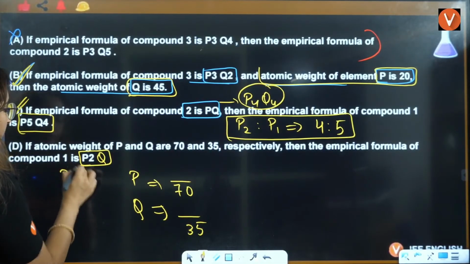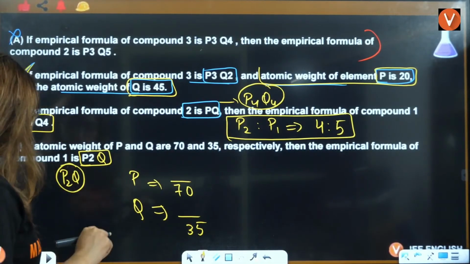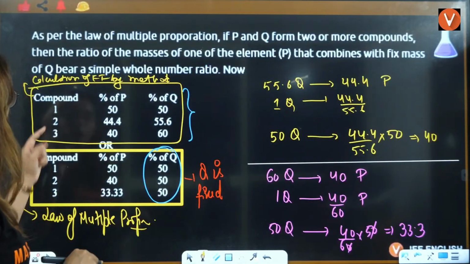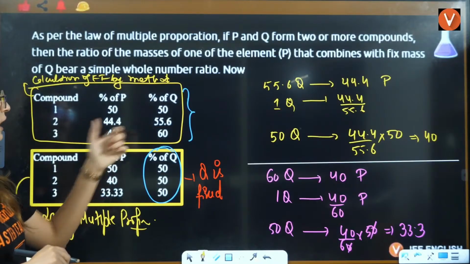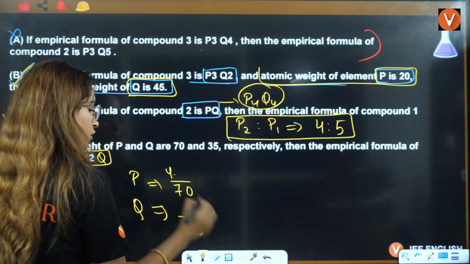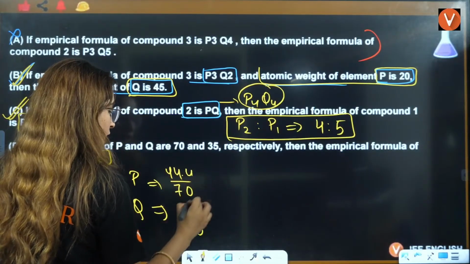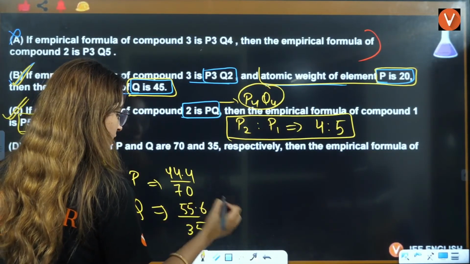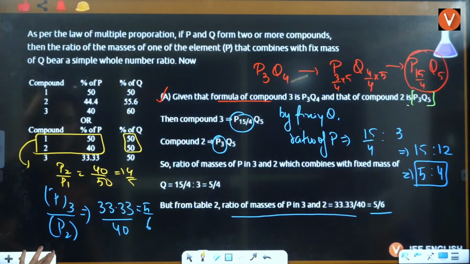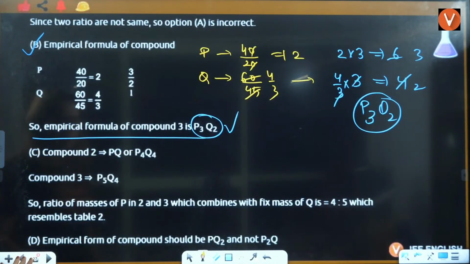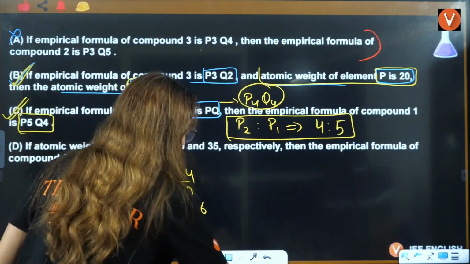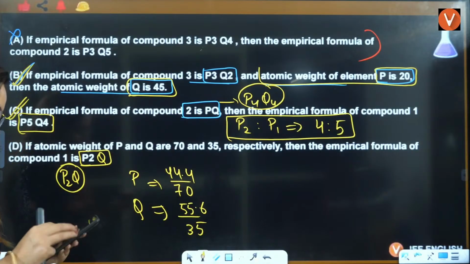Now if you see this here, compound 2 is 44.4 and this is 55.6. Then you just have to solve this value and let's see if you get the comparison. Wait a minute. That means, let's solve this.